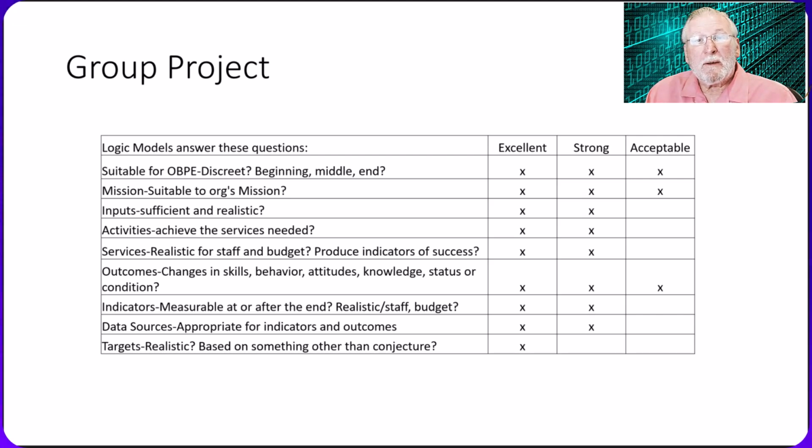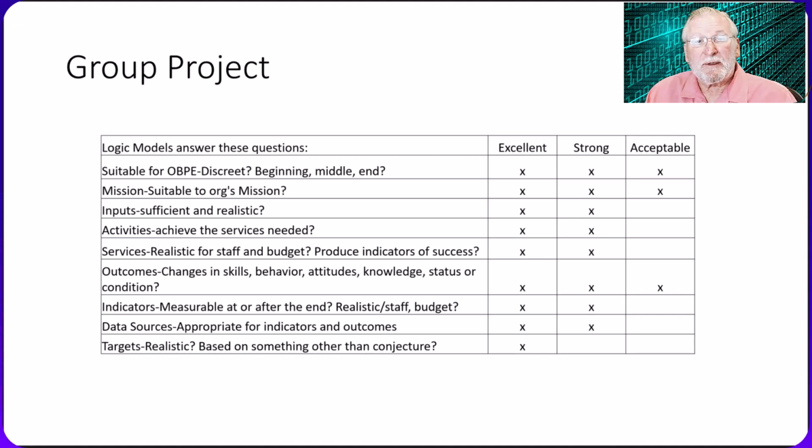In part, what that will involve is making sure your group project is one that can be successfully evaluated. In other words, design your project with evaluation in mind. So as you choose your project and develop the details, think about these things that logic models will evaluate.